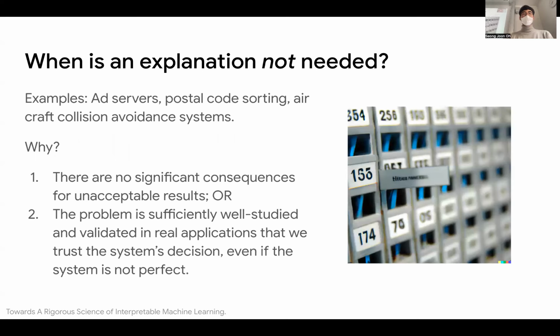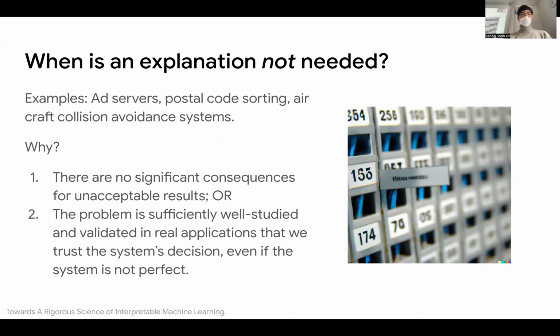So the fact that explanation matters now, it means that there is some problem and that should be fixed using explanations. And it's also informative to see the cases when the explanation is not needed. So this paper comes up with these examples such as advertisement servers or postal code sorting, aircraft collision avoidance systems.